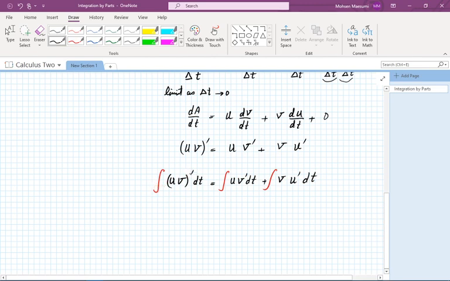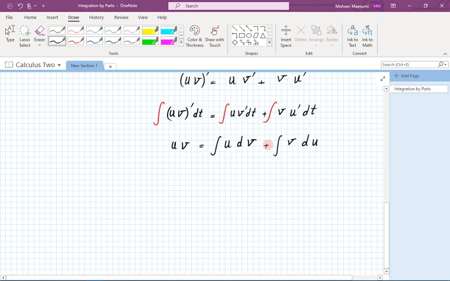The integral of a derivative, by the fundamental theorem, is just the original function. In v prime dt, we write it as dv, the differential of v. U prime dt, we write it as du, the differential of u. So this is nothing other than the product rule, which we just integrated back.